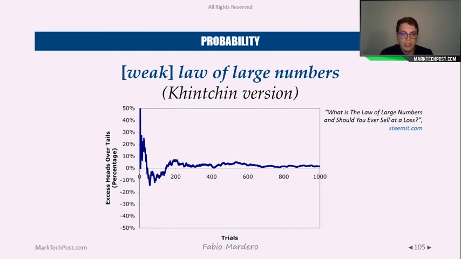We would expect a 0% difference between heads and tails, and this difference goes to 0 as n, the number of coin flips, goes to infinity.